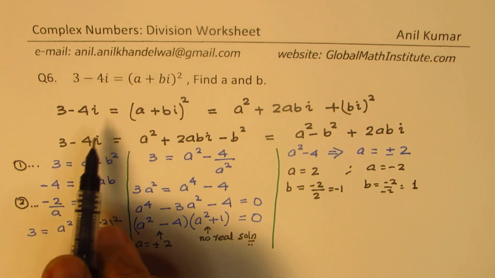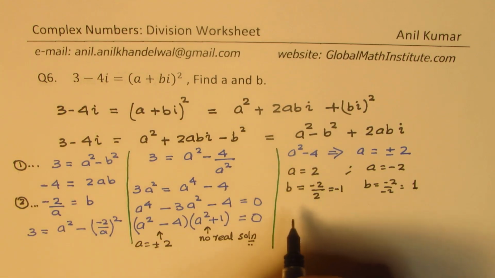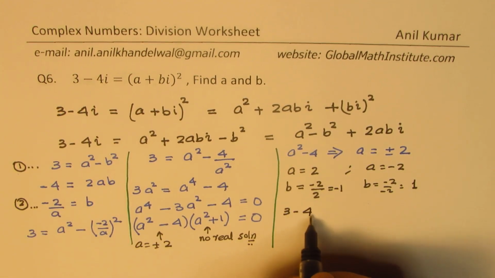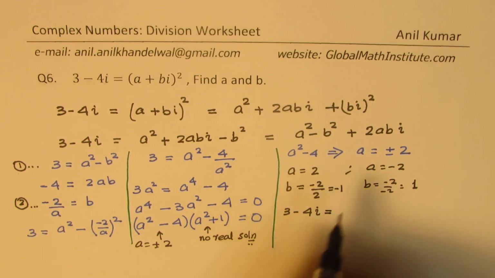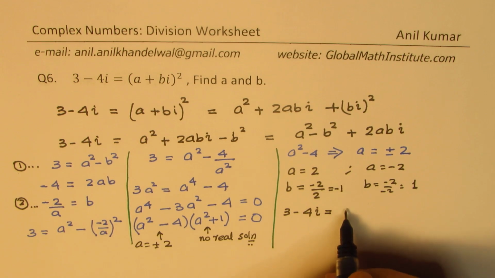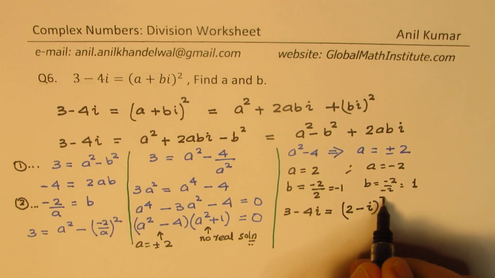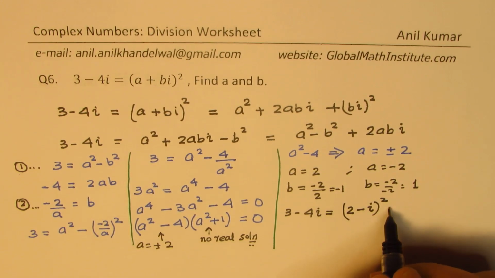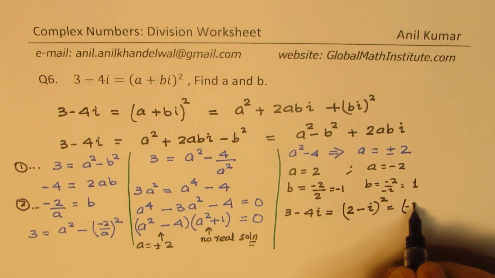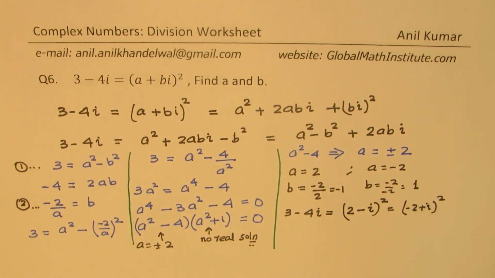So we can write down that 3 minus 4i is indeed equal to, let's take the value of a as 2, b as minus 1. So we get 2 minus i whole square, which is same as also writing minus 2 plus i whole square. Right? Both are one and the same things. Correct? So that is how you could actually write down your answer.